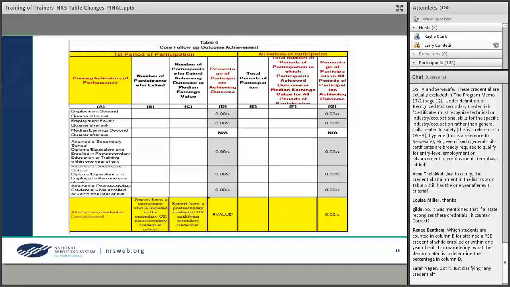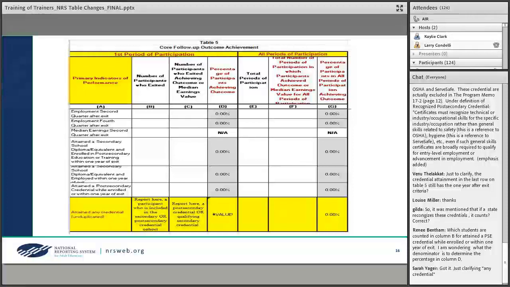So, for example, co-enrolled in post-secondary and adult ed, or in an IET program, or any program that's providing post-secondary services or training. So column B would be all of those participants. And then C would be the number who achieved a credential within 1 year of exit or while enrolled. And then D is just C over B in that case. So that's how that would be calculated.